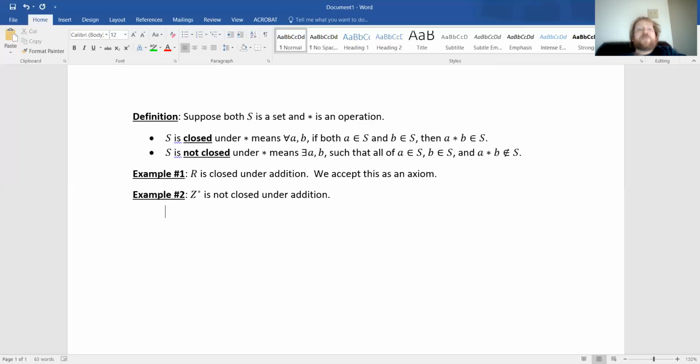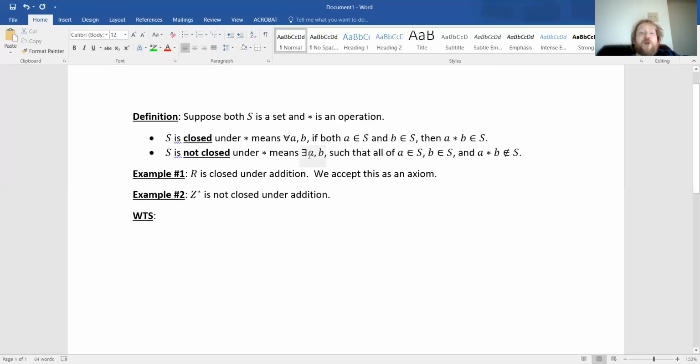Now, this actually does require proof. While for all the familiar sets and operations, we will accept the ones that are closed as axioms, to prove something is not closed does require a proof. So let's think about what we want to show here to begin with. Remember, using WTS as the abbreviation for want to show.